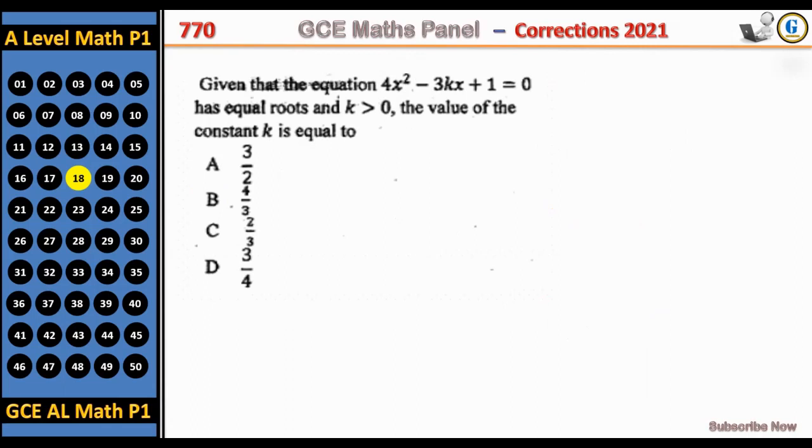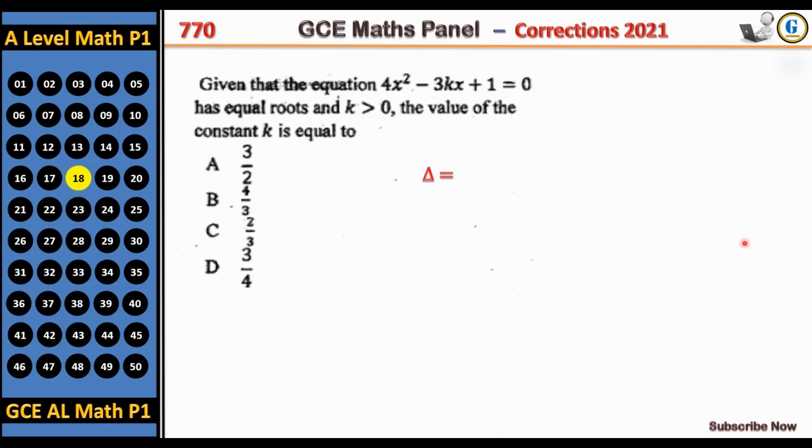Given that the equation 4x squared minus 3kx plus 1 equals 0 has equal roots and k is positive, the value of the constant k is equal to... k is strictly greater than 0. The roots are equal if the discriminant equals 0. This is the condition now from quadratic theory.